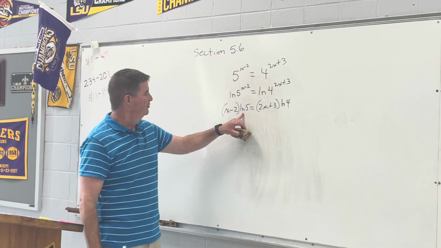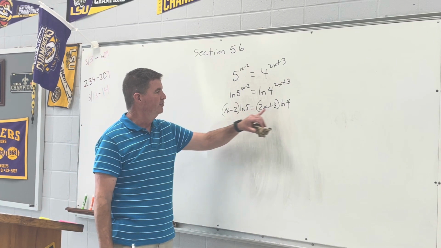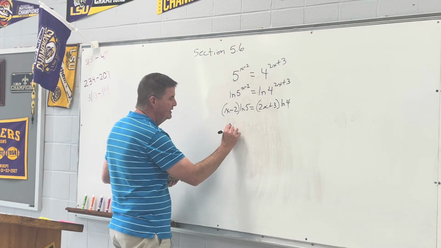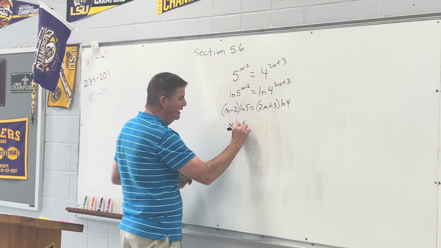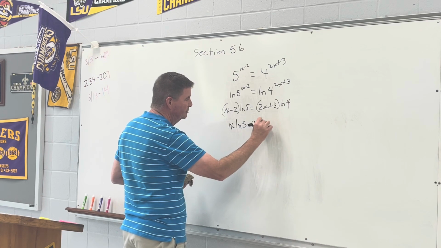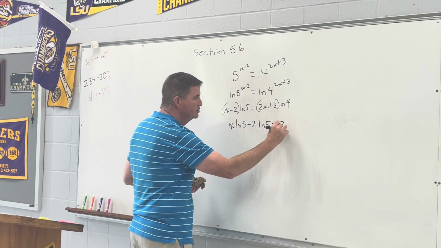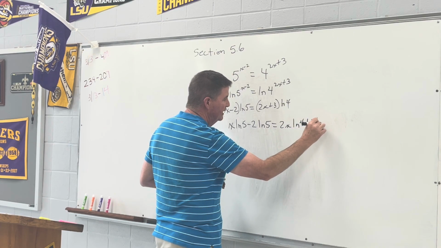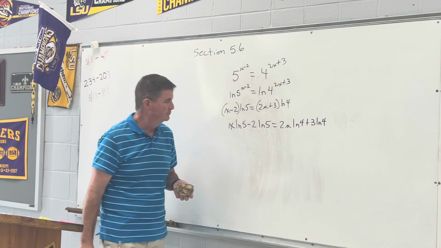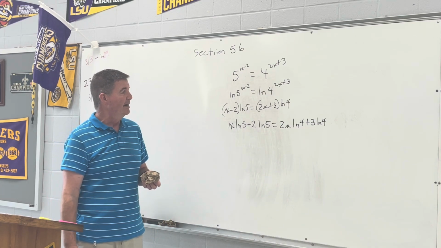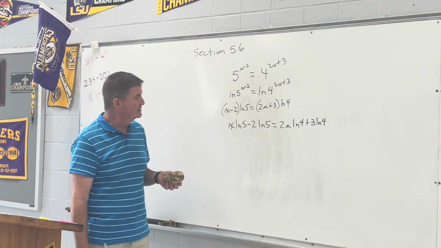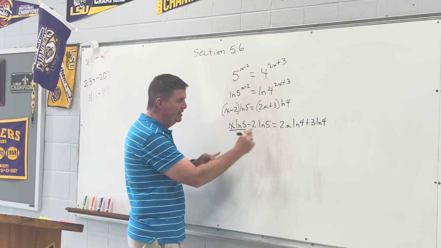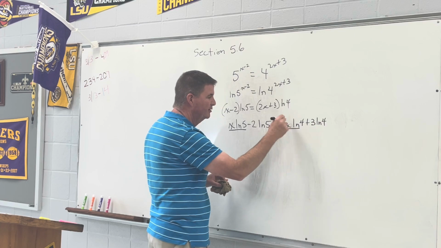Now the natural log of 5 has to distribute to this binomial, and the natural log of 4 has to distribute to this one. So that'll give me x natural log of 5 minus 2 natural log of 5 equals 2x natural log of 4 plus 3 natural log of 4. Now my goal here is to solve for x, and I have an x on the left, and I have an x on the right.